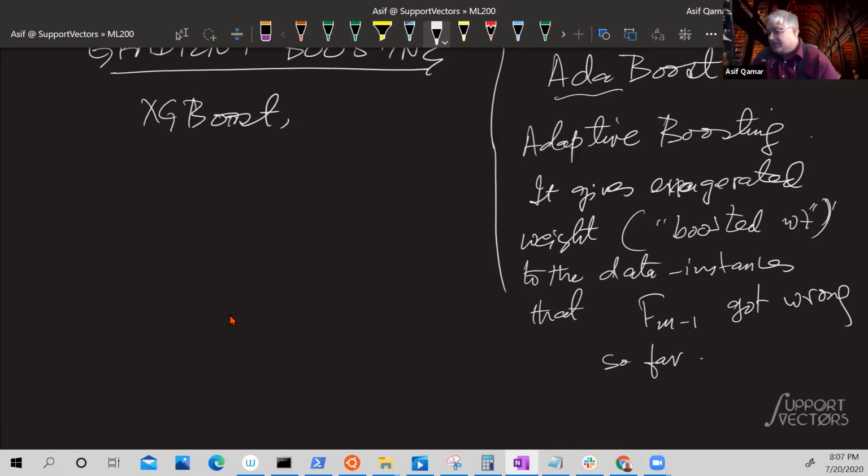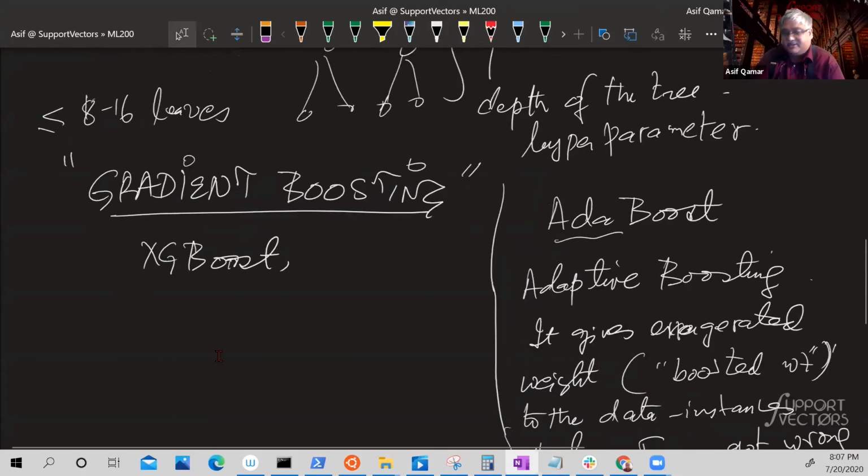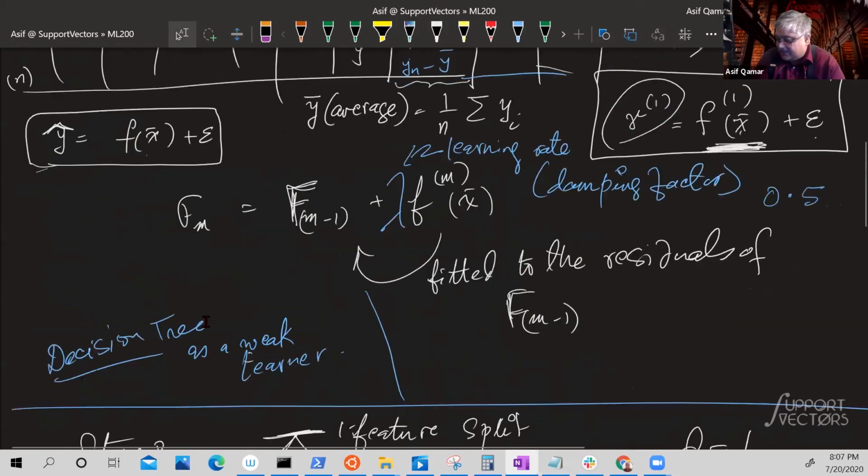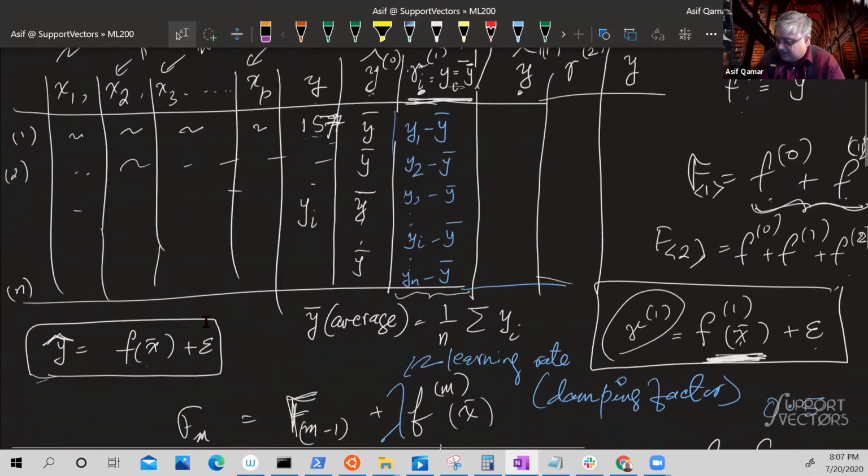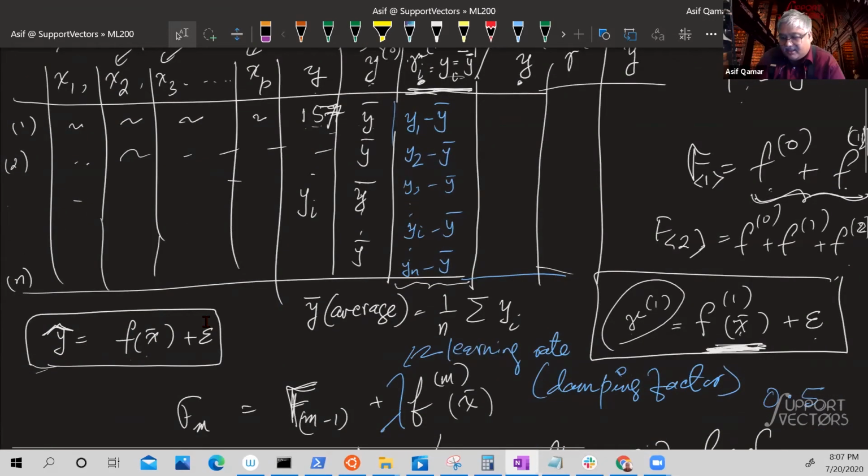So what happens the next time that you try to learn, if those mistakes have been amplified, the next model will try to learn from those mistakes a little bit better, right? So that is AdaBoost. It's typically the one that quite often the textbooks start with, but I would like to stay with the gradient boosting. It's straightforward, and I would like to say that much of the things that we use today largely are gradient boosting based.